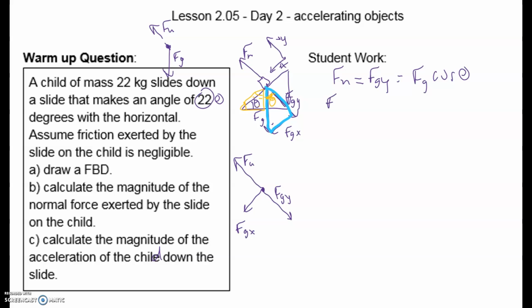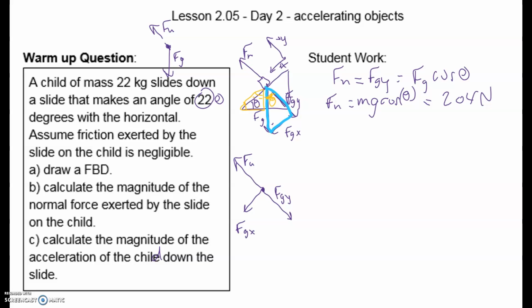The normal force is equal to the force of gravity, which has the expression mg, times the cosine of theta. So plugging in numbers, we have the mass of 22 kilograms, g being about 10 meters per second squared, and our angle of 22 degrees. Plugging it into our calculator, that gives us 204 newtons for our normal force.